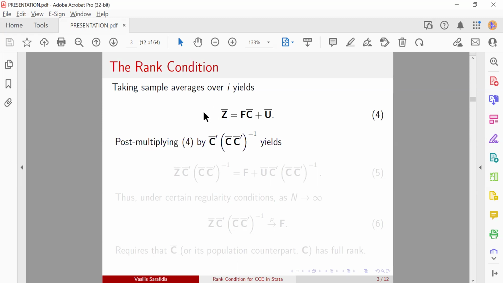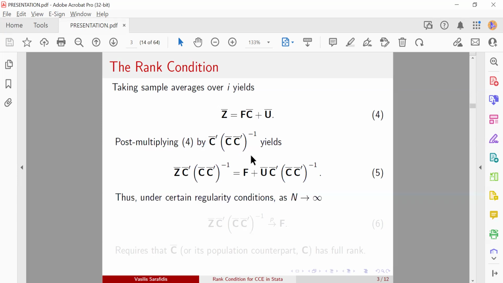And now post-multiplying left and right-hand sides of equation 4 by this quantity here implies that we can actually use the resulting expression here in equation 5 to solve in terms of F.